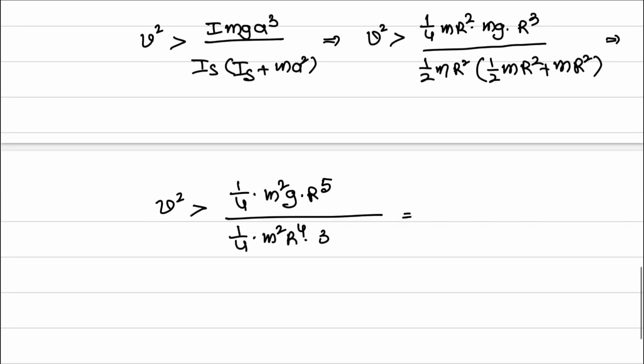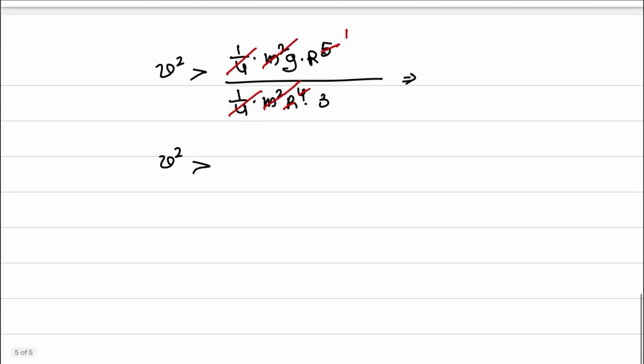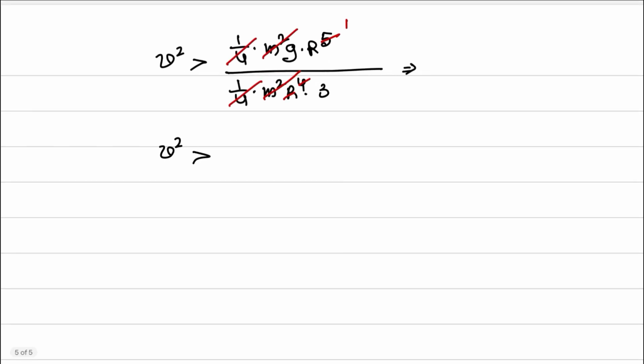Then 1 by 4 is gone, m square is gone, r to the power of 4 is gone. This becomes 1. G r by 3. V square should be greater than G r by 3.